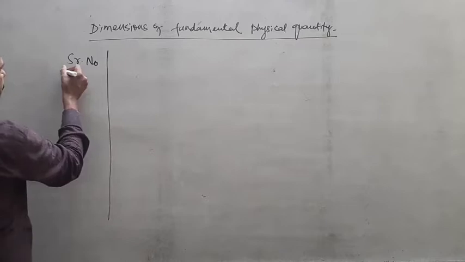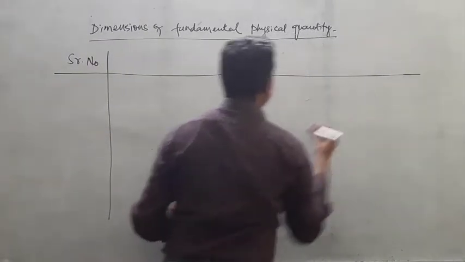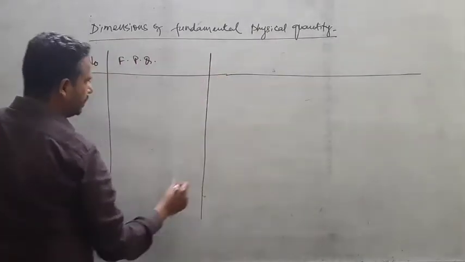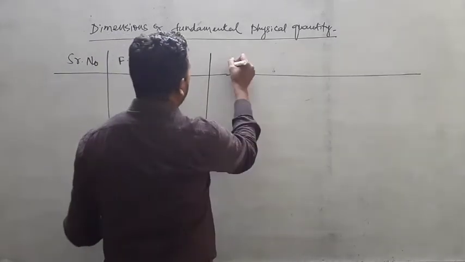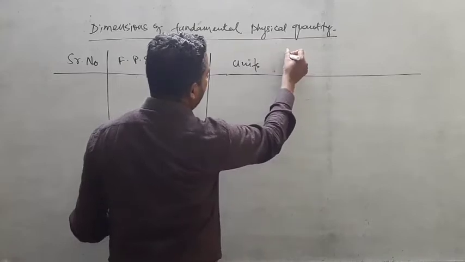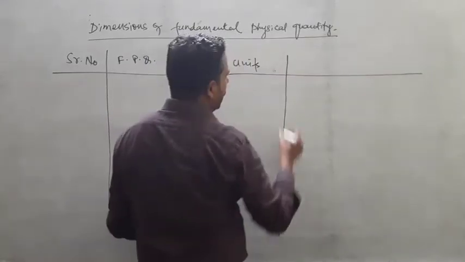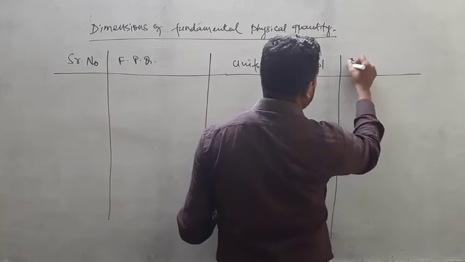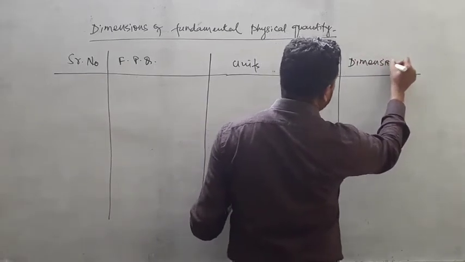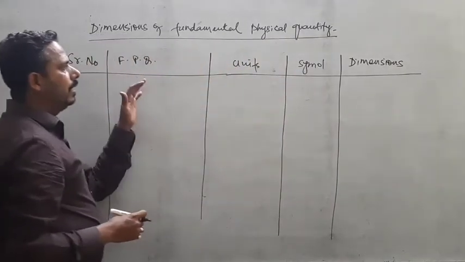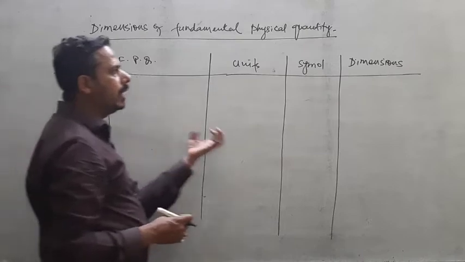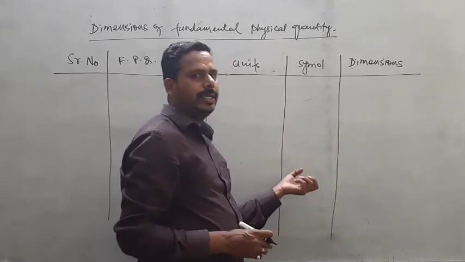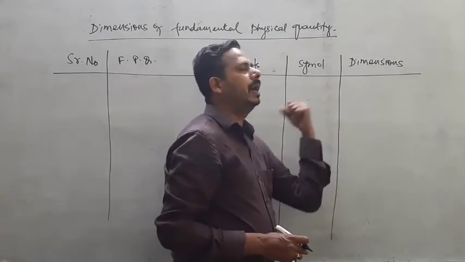There is a serial number, then the fundamental physical quantity, then units, then the symbol of units, and then dimension. From here we can get everything: you have a physical quantity, its unit, its symbol, and then dimension. Because once you have the symbol, it becomes very easy to find dimensions.